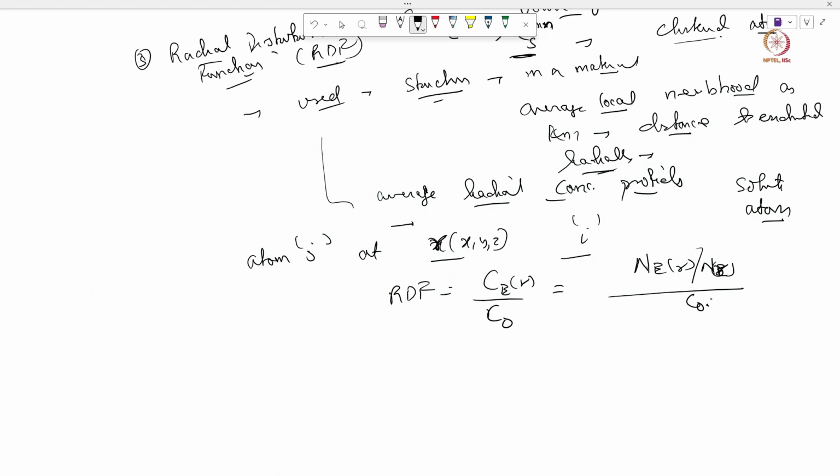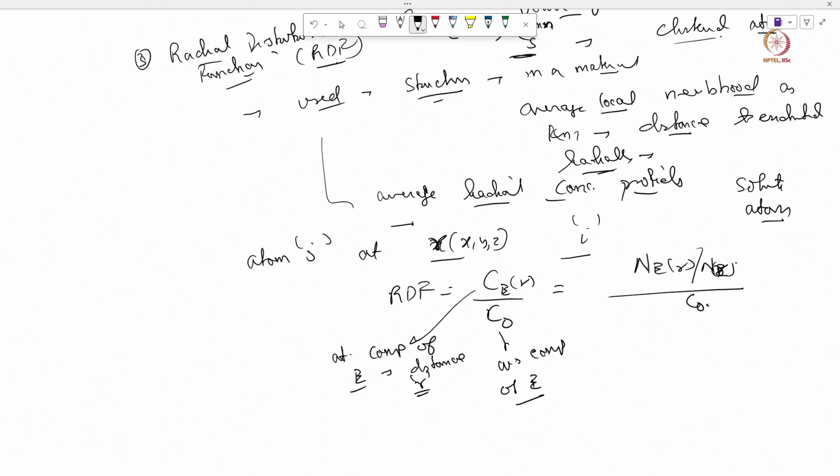What are these terms? CE(r) is the atomic composition of element E at a distance r, and C0 is the average composition of E in the analyzed volume.